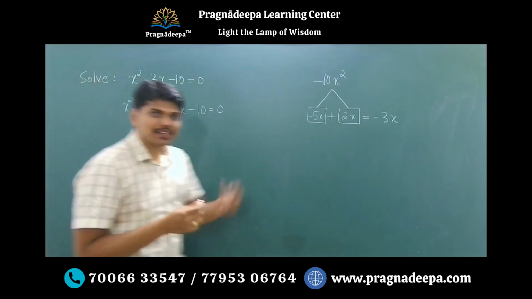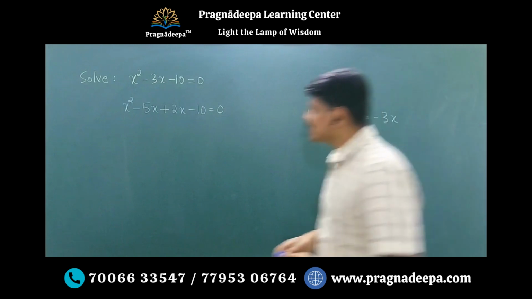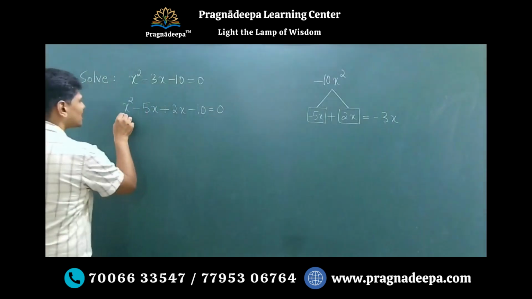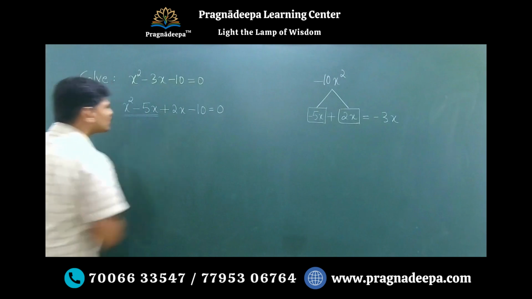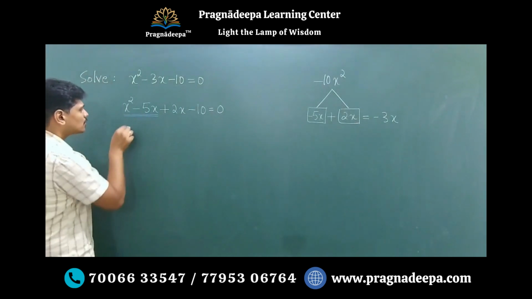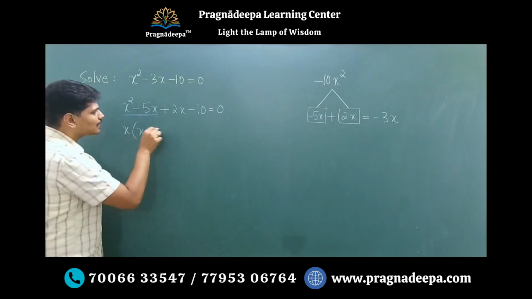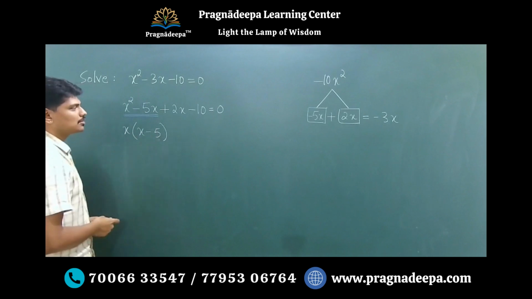Now observe the first two terms, that is x squared minus 5x. What common factor can I take? We can take x common. So if we take x common in the first two terms, we are left with x minus 5.